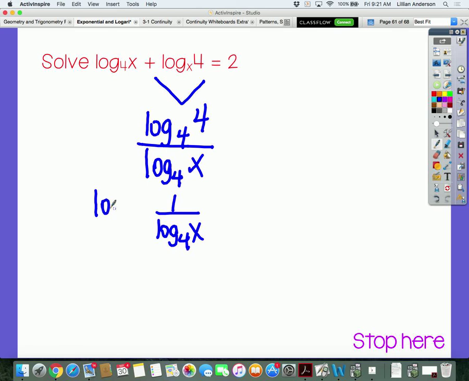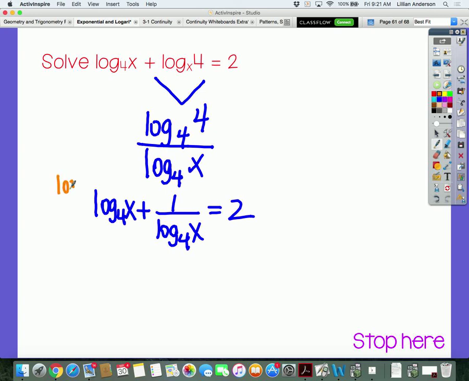Now I'm going to break down everything else. Now, I know you guys don't like fractions. So how can I get rid of that denominator? How do you get rid of a denominator? Multiply. The thing is that when you multiply, you have to multiply every single term by log base 4 of x.